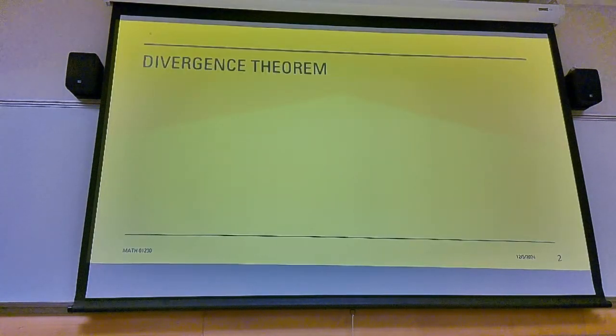If you have an enclosed curve, a 2D enclosed curve in a 2D vector field, well then you got the circulation one and the flux one.